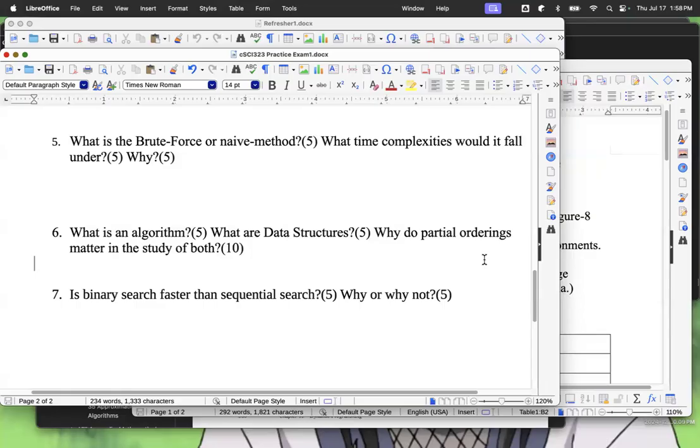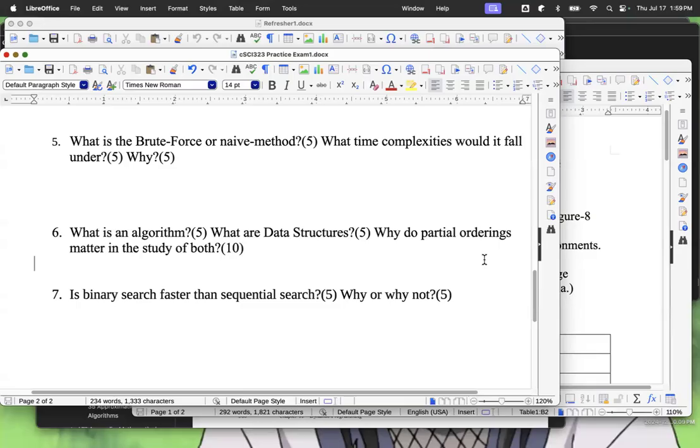Okay, Evan. So an algorithm is a set of steps in order to complete a specific problem. Data structures in computer science are quite literally just different ways to store data in computers. A good example would be something like an array where there's a fixed length, at least in Java.